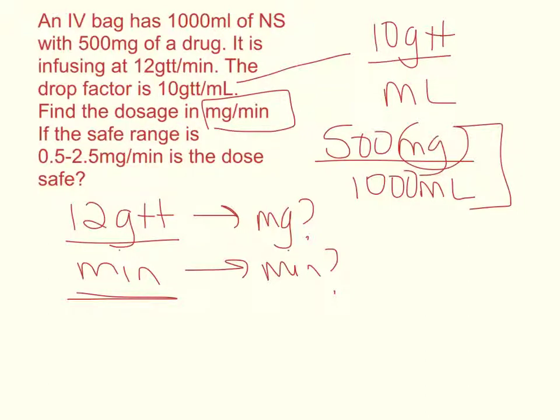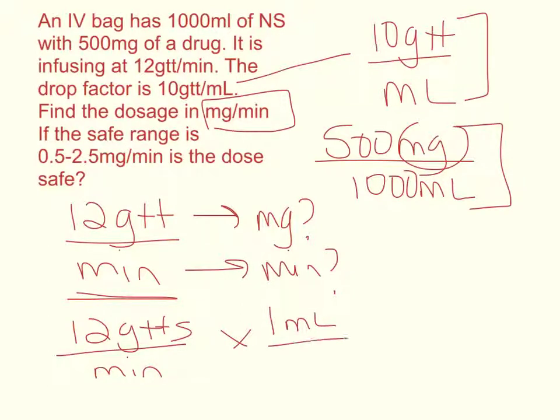So what we're first going to do is get rid of the drops, and the way that we can do that is by using that drop factor of 10 drops per milliliter. So if we take our 12 drops per minute and multiply that by 1 milliliter over 10 drops, because again, the 1 milliliter is on the top because we want the milliliters to stick around.